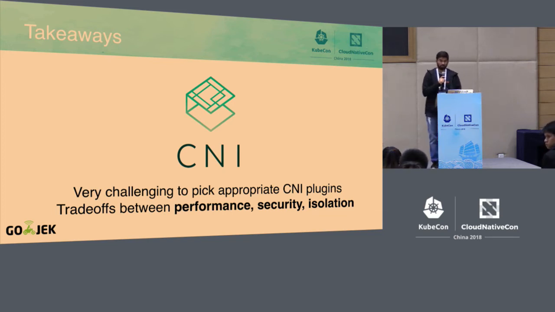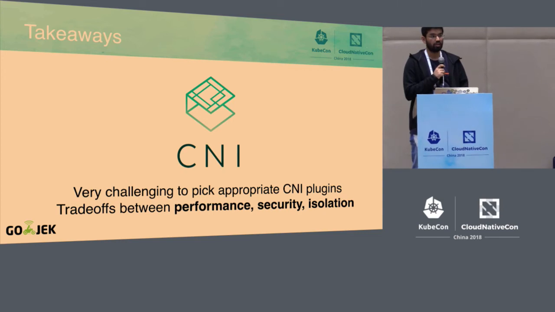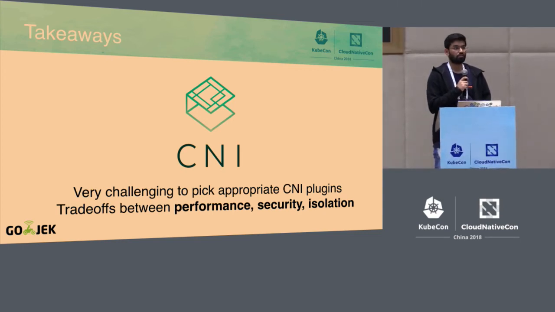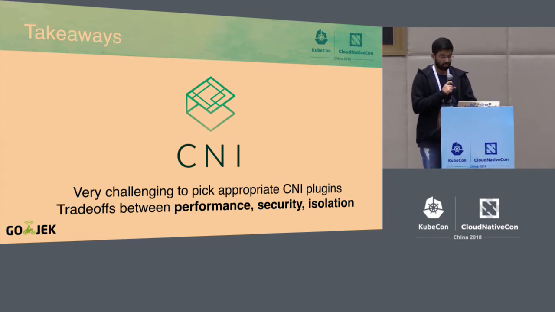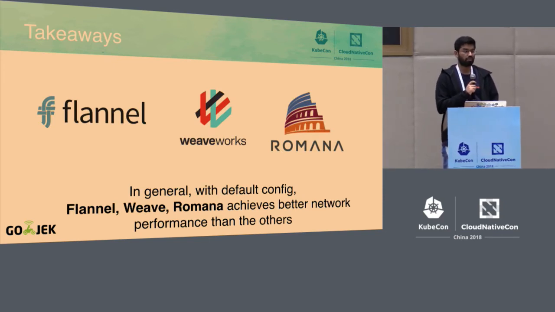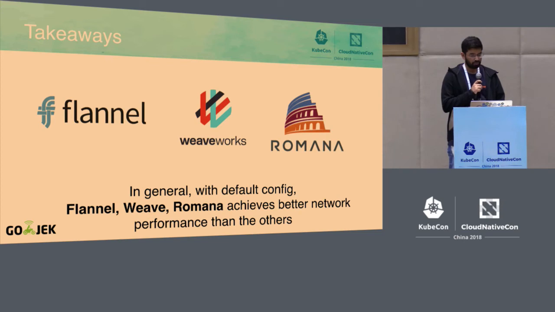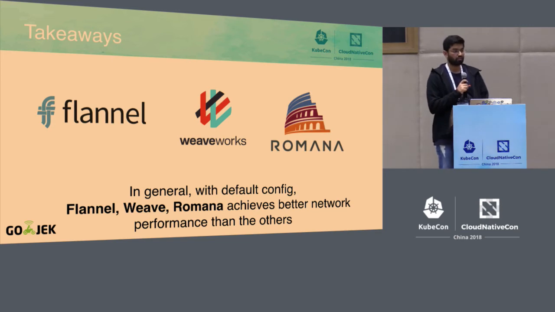There are a lot of trade-offs to be taken into account, including performance, security, and isolation. So if you need network policy, then you are going to look into something like Calico or Cilium and perhaps Romana. In terms of what works better on throughput with default config, Flannel, Weave, and Romana achieve much better network performance than the others.